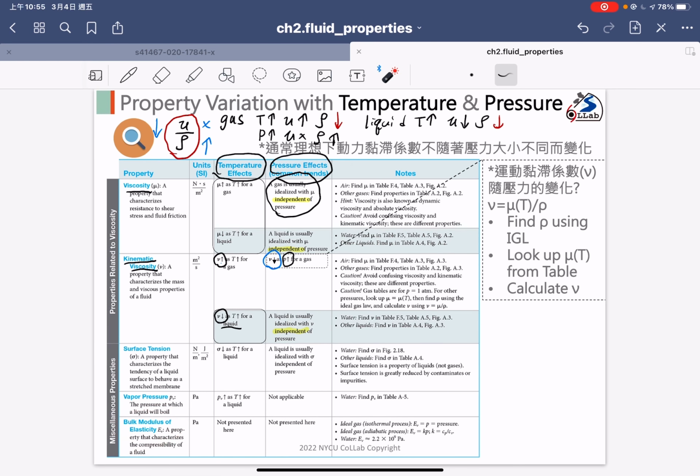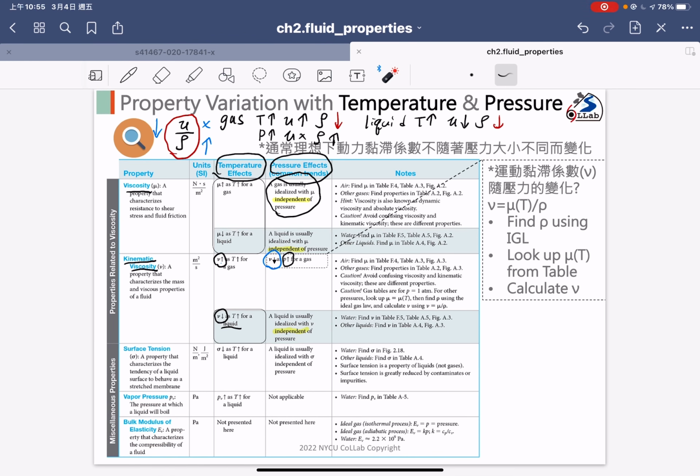I will teach you in the following class. So if you forgot something important I highlight here, you need to look here. I just highlight some important things you need to remember from the tables.